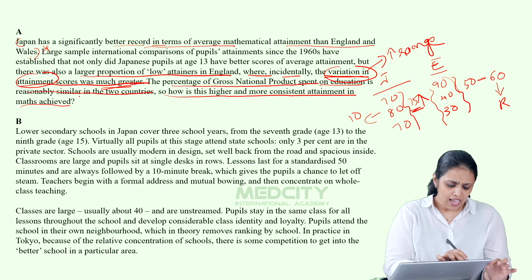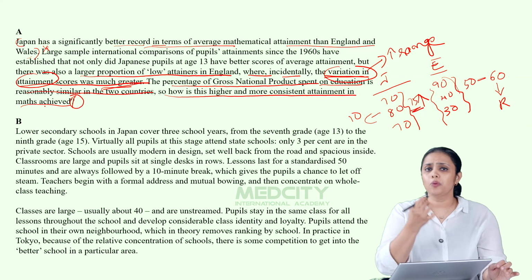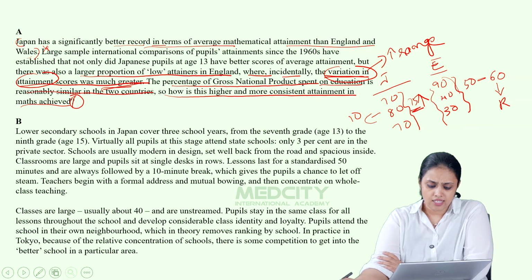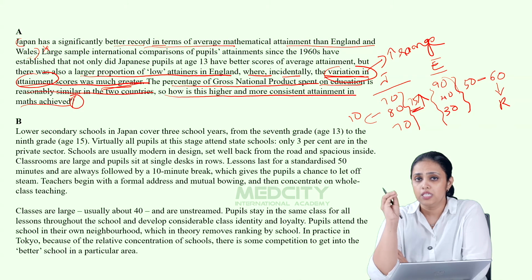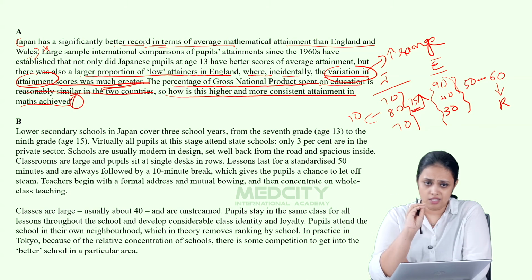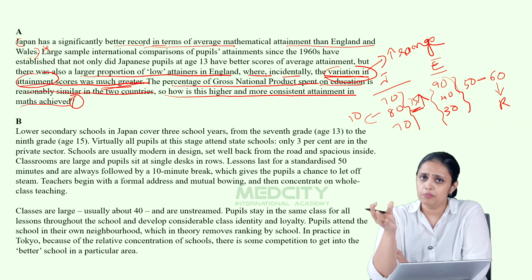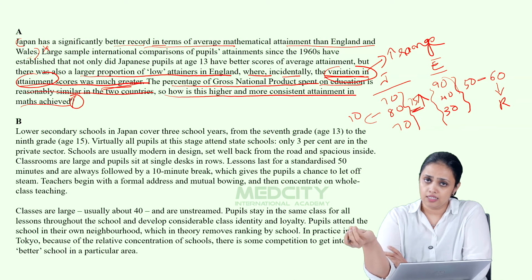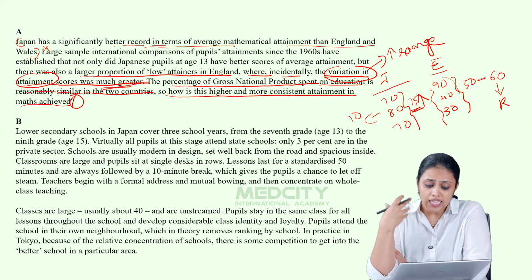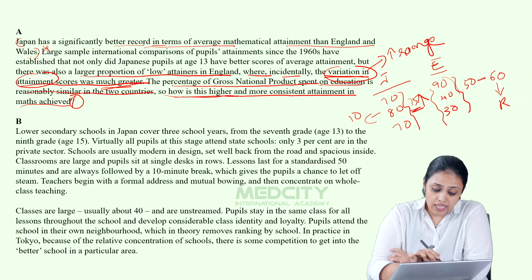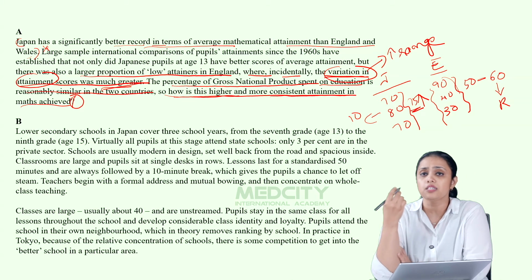Now, the writer has thrown a question before us. The writer says that the percentage of GNP spent on education is reasonably similar in England and Japan. Then why is this difference coming? How is this higher and more consistent attainment in maths achieved?